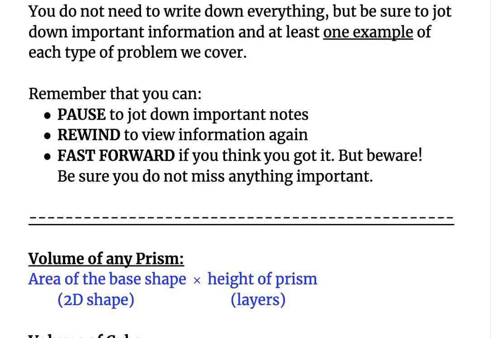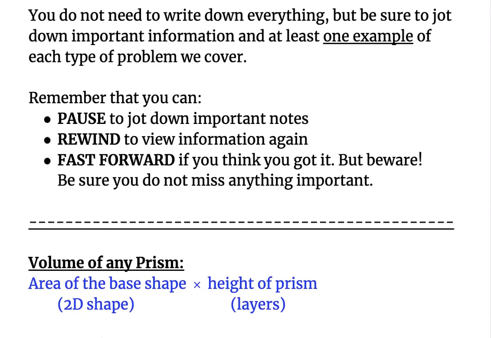So as a review, volume is finding the space inside a 3D prism. So we have to think about, for a prism in particular, it's a 2D shape that's being stretched out. So we're looking at the 2D shape, finding that area, and remember there's tons of that 2D shape being stacked on top of each other.